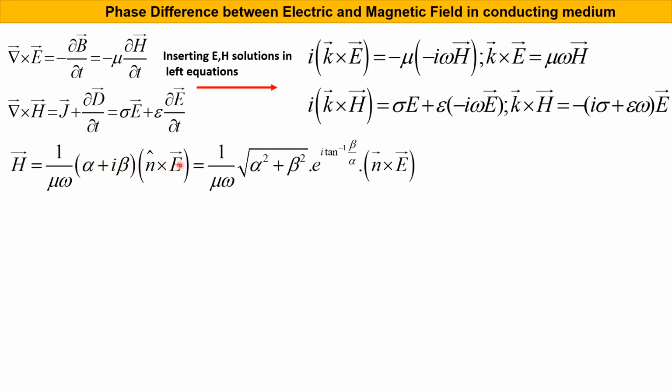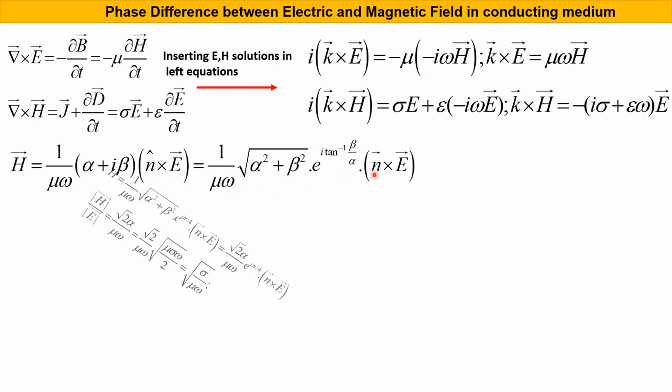Now for any complex quantity, with its argument and absolute value, we can write that the magnitude is root over alpha square plus beta square, and e to the power i phi, where phi is tan inverse of the imaginary part divided by the real part.